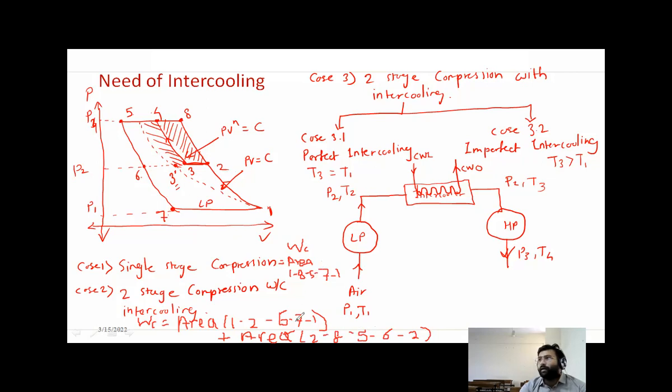Okay. And now give the title case 3, two-stage compression with intercooling. In that, there are again two cases. Case 3.1 is perfect intercooling, and case 3.2 is imperfect intercooling.